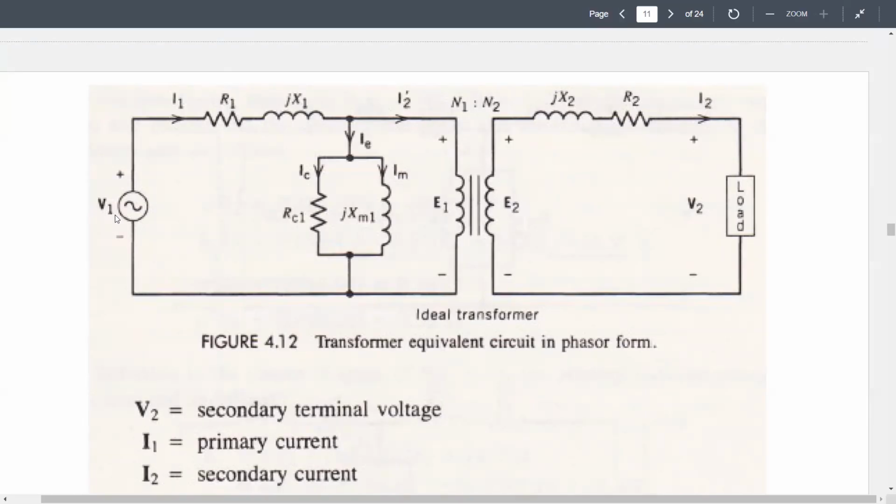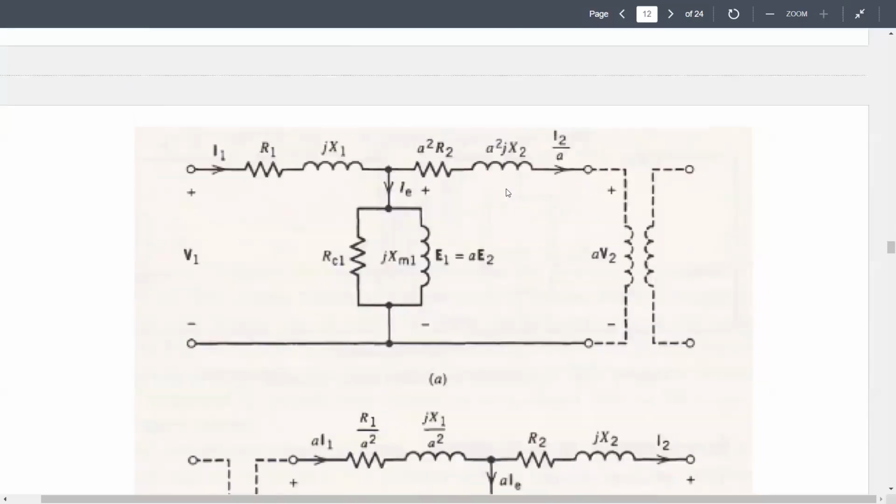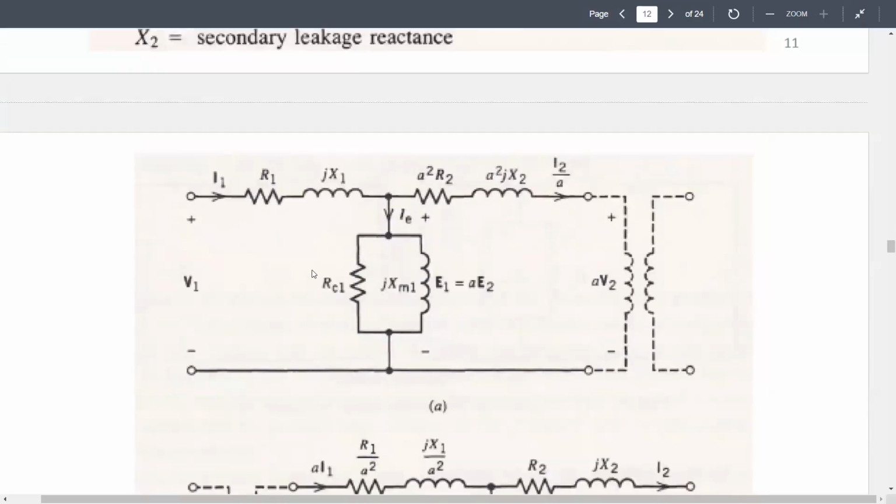We can see every component, for instance R1, X1, R2, X2, with reference to the primary side. So we'll be looking from the primary side. That can be done with the help of the transformation ratio. In that case, the figure will look like this.